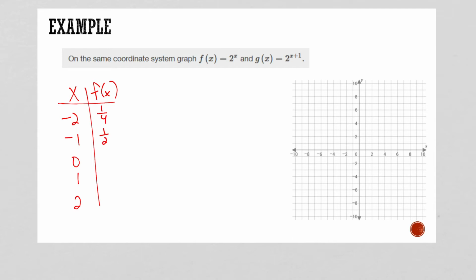We did this one earlier, so I'm just rewriting what we have. Now, let's see what the difference is between this and whenever we add 1 in that exponent. So let me go ahead and graph that real quick.